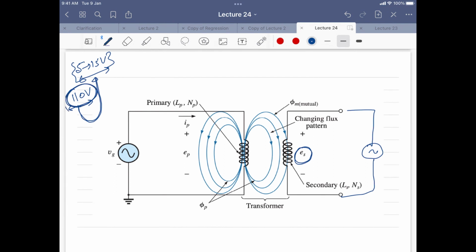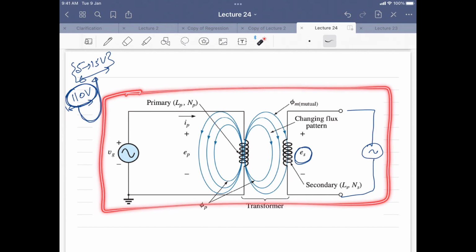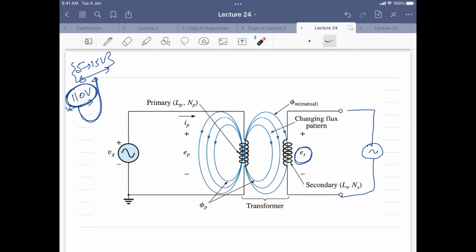These types of circuits, like the one given over here, help us in doing that, and we will see in a while that this voltage ES is basically k times the voltage VG.